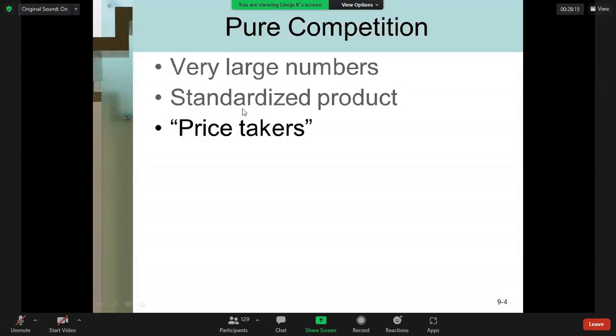And standardized products. Standardized products means the product is homogeneous. Homogeneous means the same type of products. Say for example, if it is brinjal, every farmer has the brinjal. There is no differentiated product. Maybe you can have some varieties of brinjal.